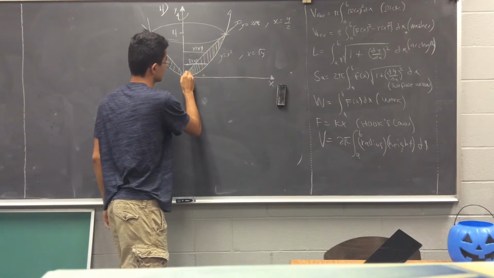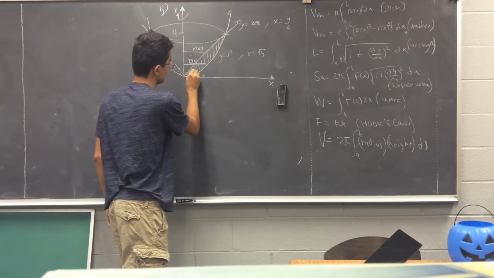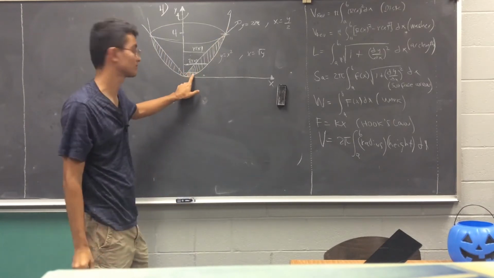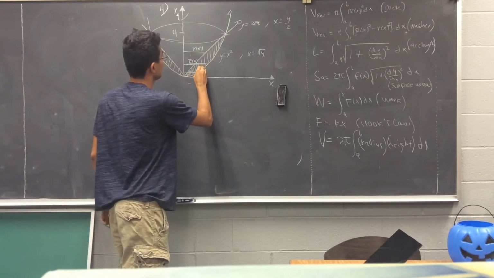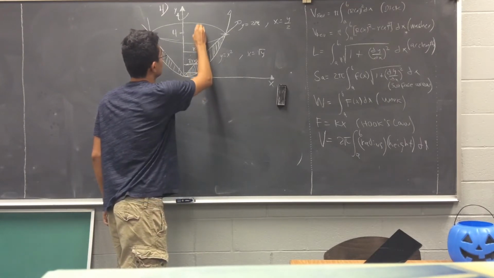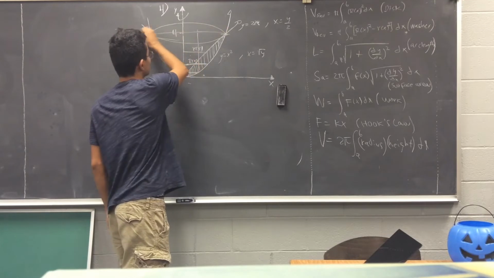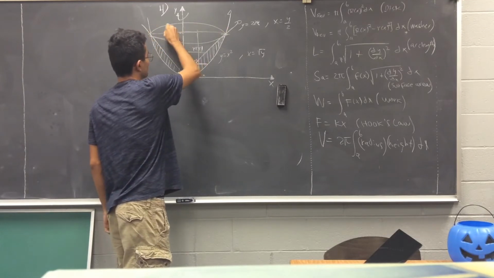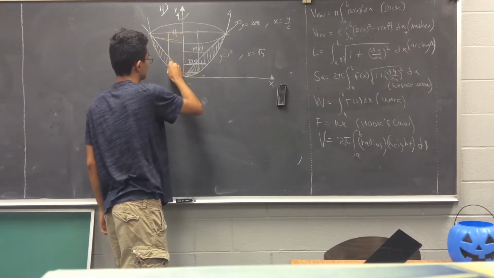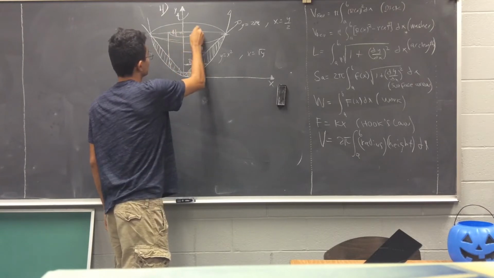On this side of the function. So if we take a shell here, this over here will be the radius for that specific shell, and the height will go all the way up to the value of the function that we're integrating to, right? And then it's going to look something like this, right? So this is going to be one shell.